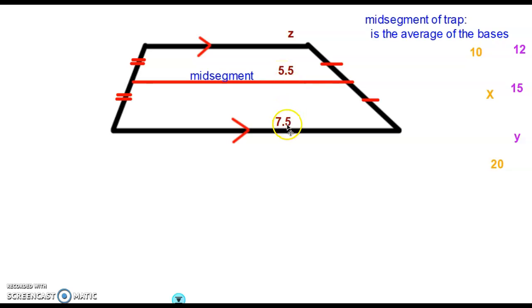So how do you go from a 7.5 to a 5.5? You do what? Oh, that's right. You subtract 2. Well, then when you go from 5.5 to z, just subtract off another 2.